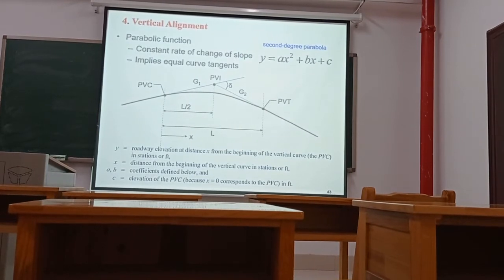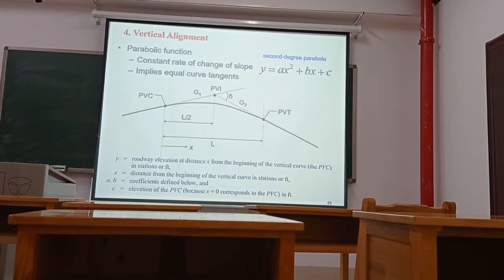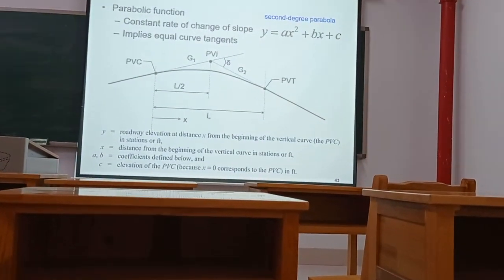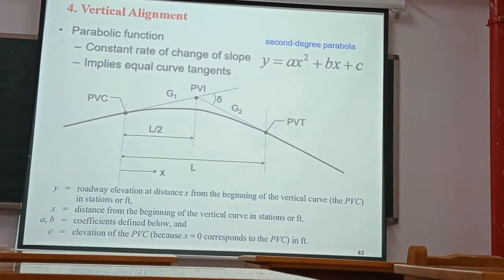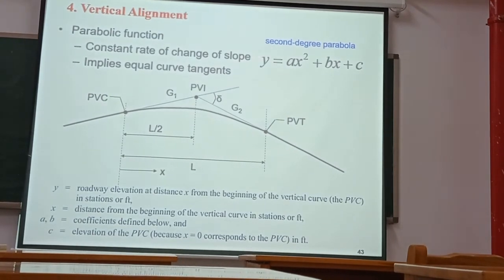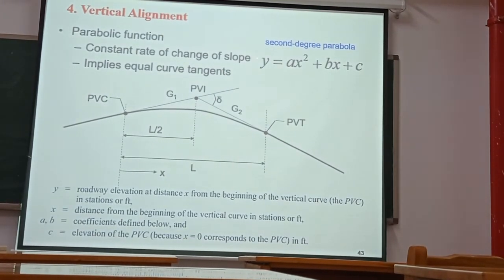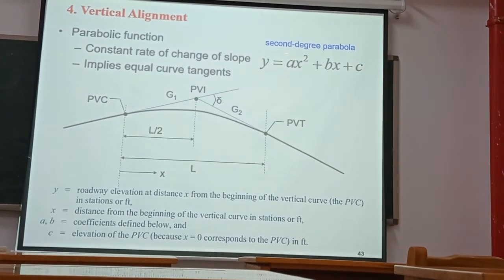C is the PVC elevation, because x equal to 0 corresponds to the PVC. When we set x equal to 0, we can get y equal to c. Yes or no? Yes. Okay.